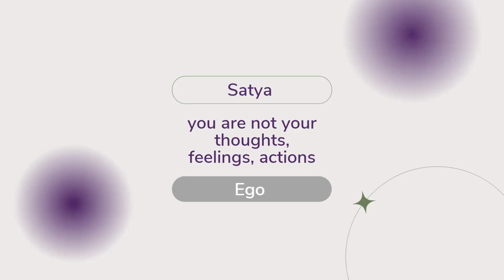And from that place of observation, you are not only creating some space between you and those ever-changing things that come and go, but you are also practicing arriving into that unchanging part of yourself.